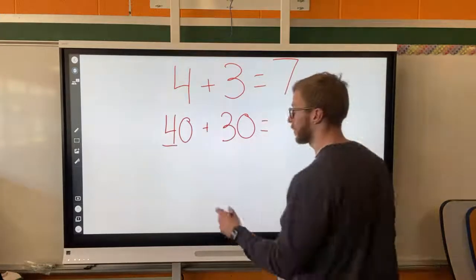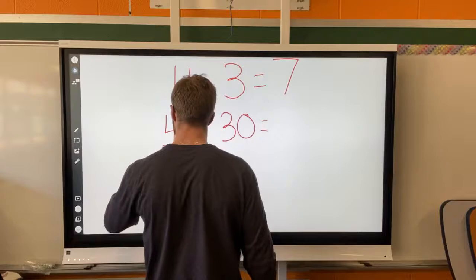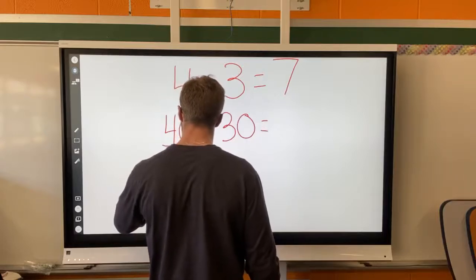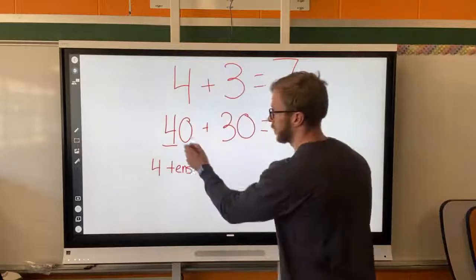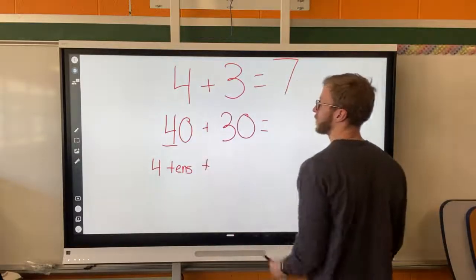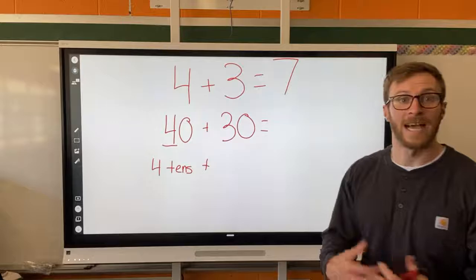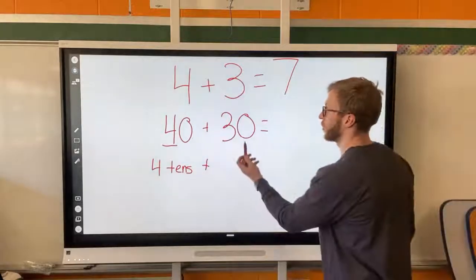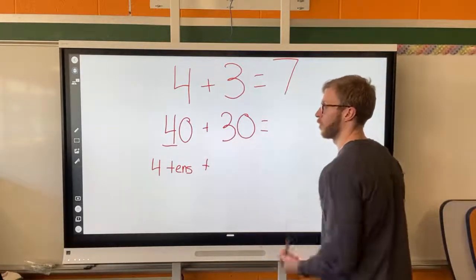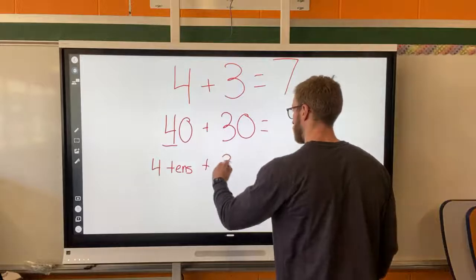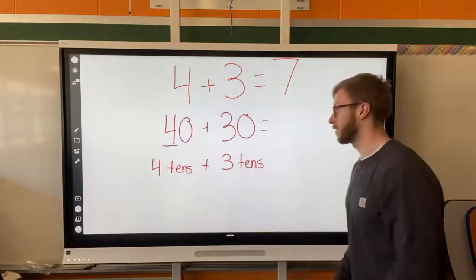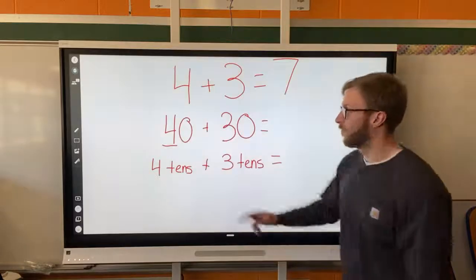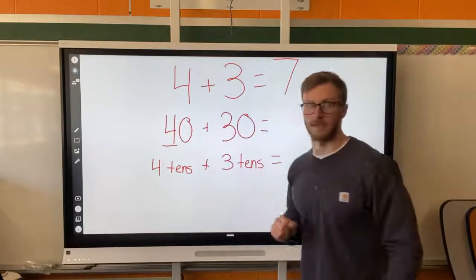So I'm going to write underneath 40, 4 tens. And I'm going to add it to, let's change 30 now to how many tens there are. 30 has 3 tens, 0 ones, so we're just going to write 3 tens. All right, now I have 4 tens plus 3 tens.